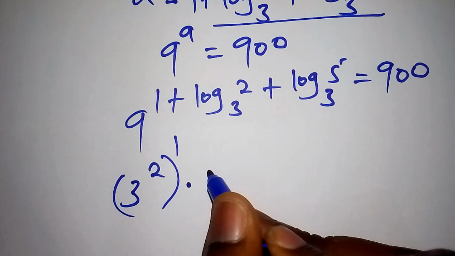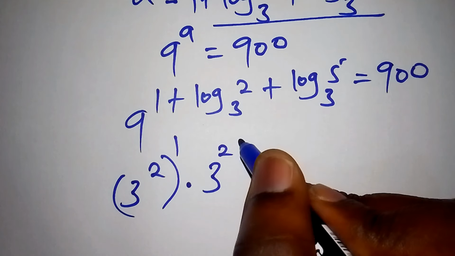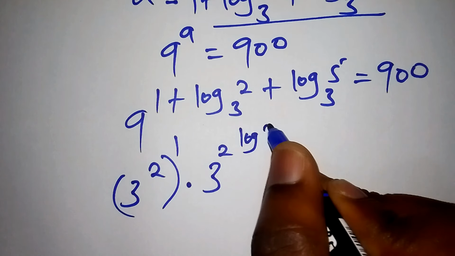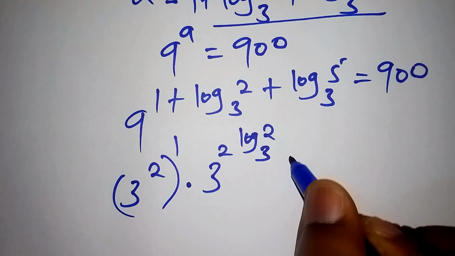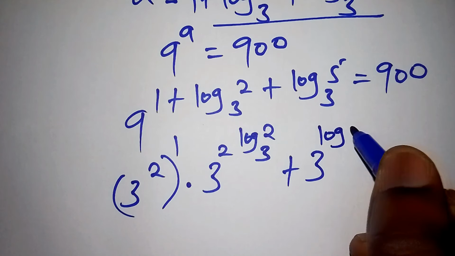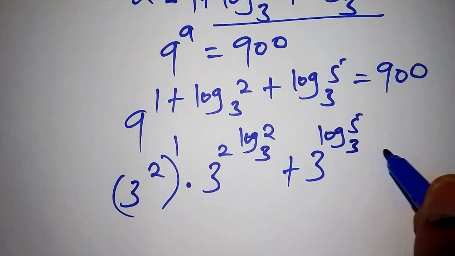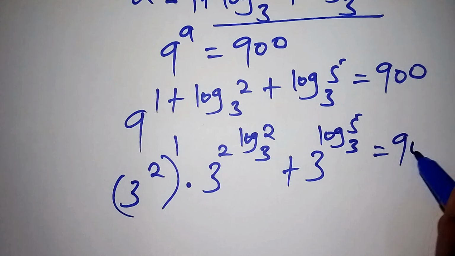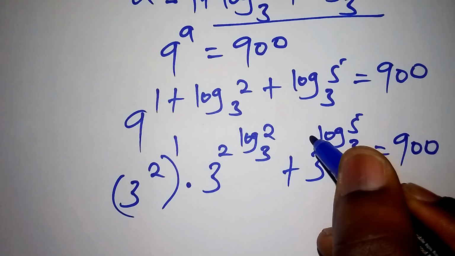So here now we shall have 3 again to the power of 2, which is 9, times 3 to the log of 2 to the base of 3, then plus again 3 to the log of 5 to the base of 3, is equal to 900. Sorry, I was forgetting the 3 to the power of 2.